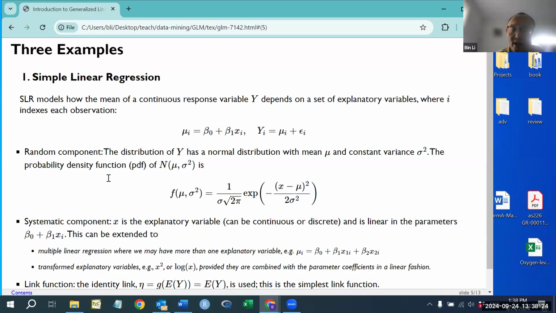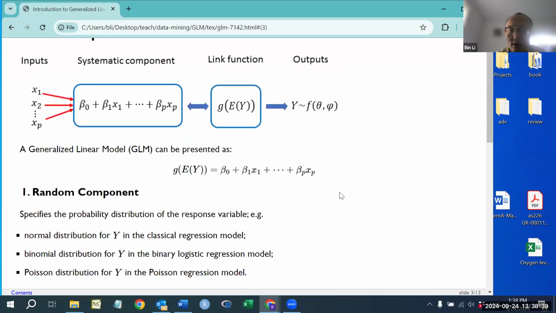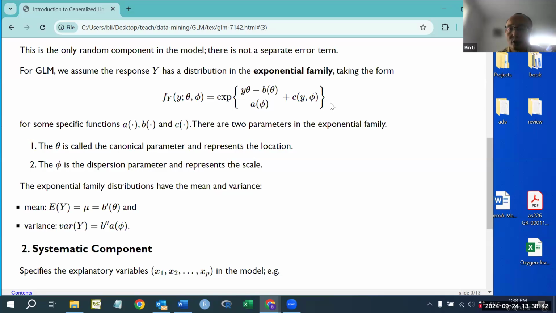Okay, and we know the PDF, the probability density function, for the normal distribution is this one. And if you check the PDF for the normal, you can easily find out this falls into the exponential family. We can write the PDF for the normal distribution in this form, which shows that the normal distribution is in the exponential family.